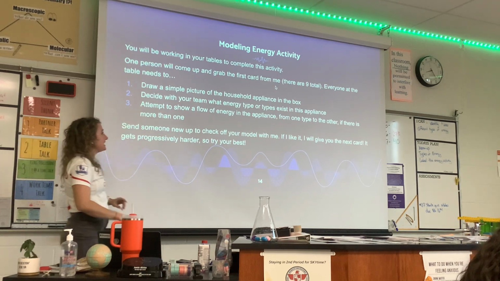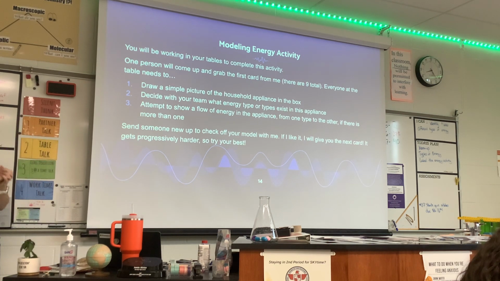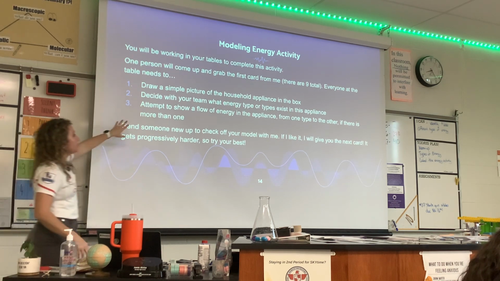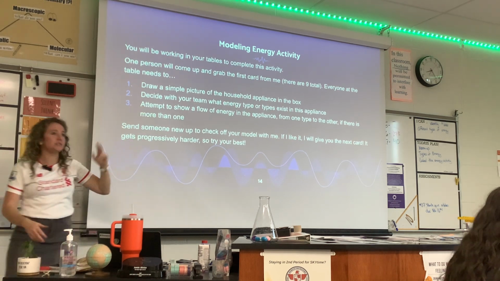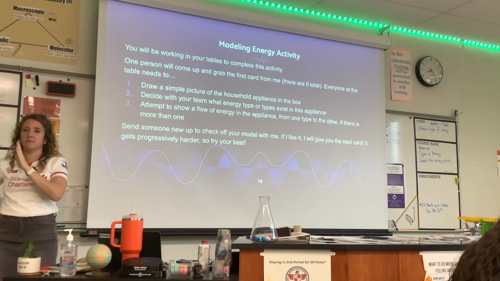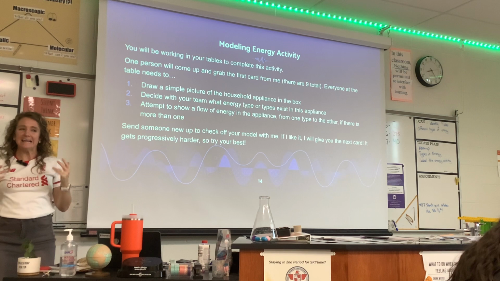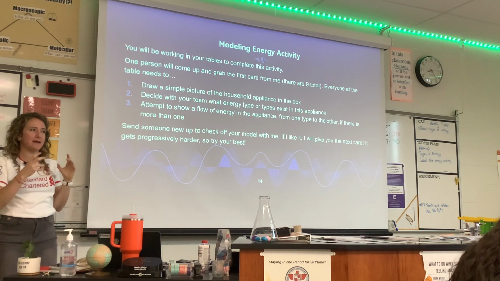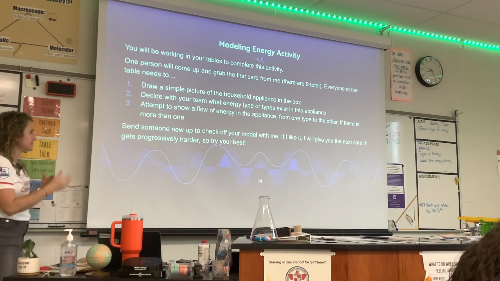Then as a team, you're going to decide what types of energies exist in this appliance. The goal is to show the flow of energy, meaning it starts in this form, and then it goes to this form, and then maybe this form, and this form. I'll give you some hints in the beginning of how many energies there are. The last ones I won't give you any hints for, but just to kind of build you up.